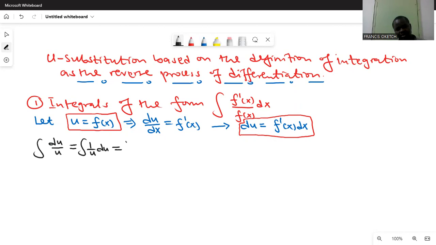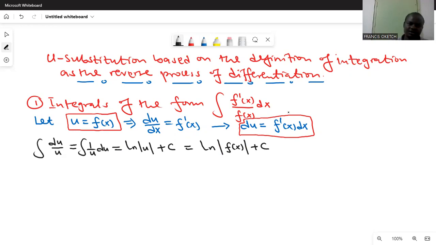It was the natural log of u. It is ln u that when you differentiate, you get 1 over u. Now there's a constant c of integration. And so if you replace u, you get your answer as ln, instead of u, we write f of x, plus a constant c of integration.